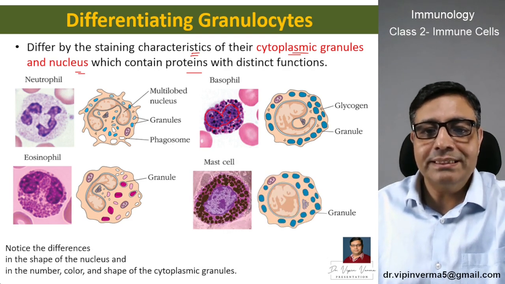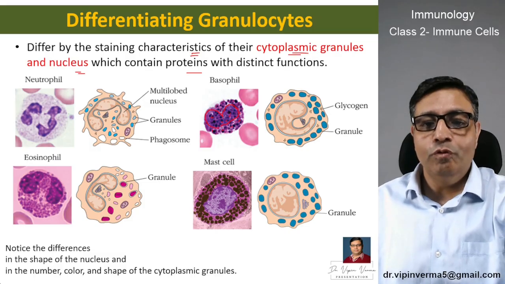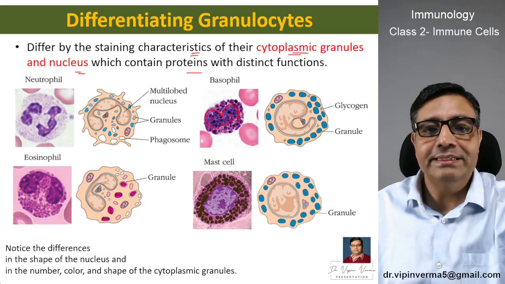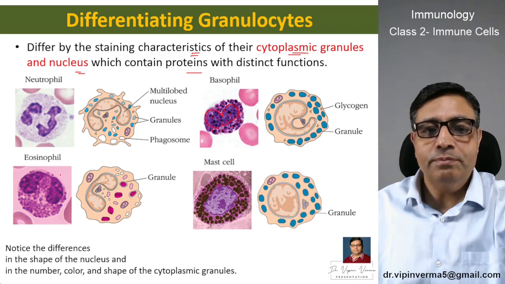Now, if you see the mast cells, the nucleus is surrounded by very dark stained granules. So, to notice the differences, you should look at the shape of the nucleus and then the number, color, and shape of the cytoplasmic granules. These differences are very easily distinguishable features under the microscope, right?